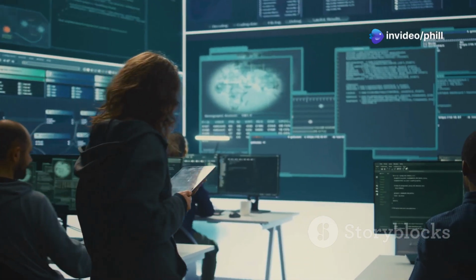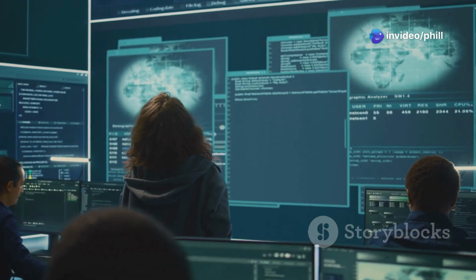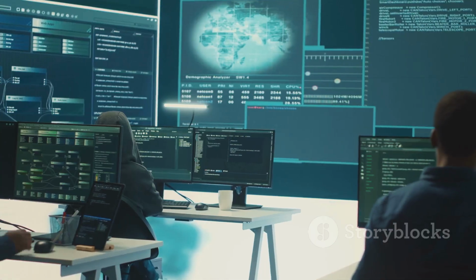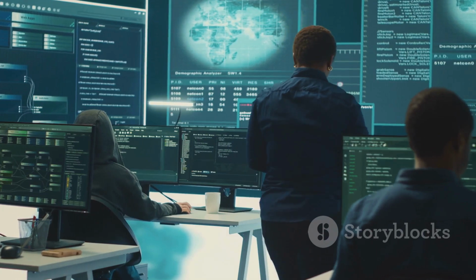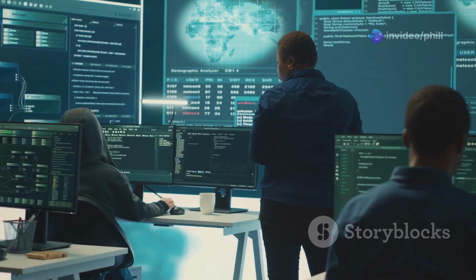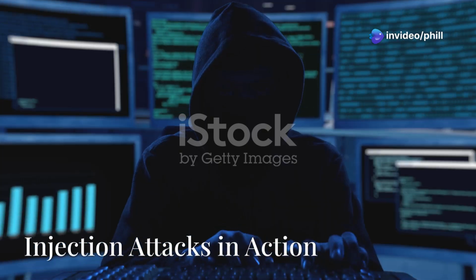These consequences highlight the critical importance of taking proactive measures to prevent injection attacks. By implementing robust security protocols and staying vigilant against potential threats, organizations can protect themselves and their users from the devastating impact of these attacks.